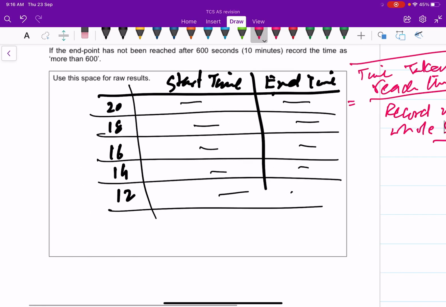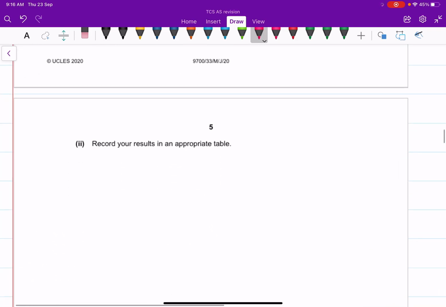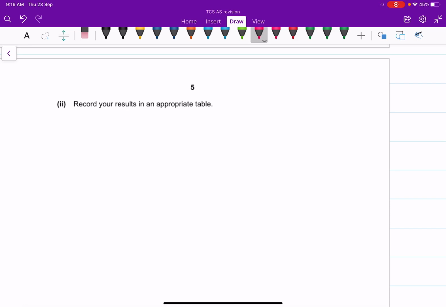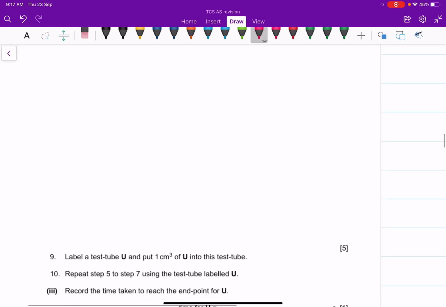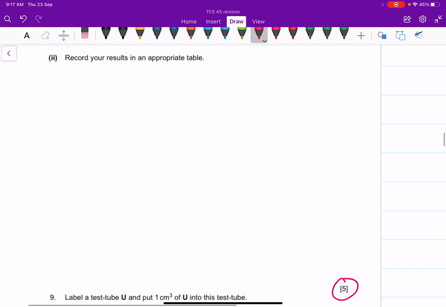Okay, then it comes to drawing or recording your results in the appropriate table. This is for 5 marks, and this is a very important part of this paper, where you have to use your understanding or learning to draw a table scientifically correctly. The first column that we should make is the independent variable.